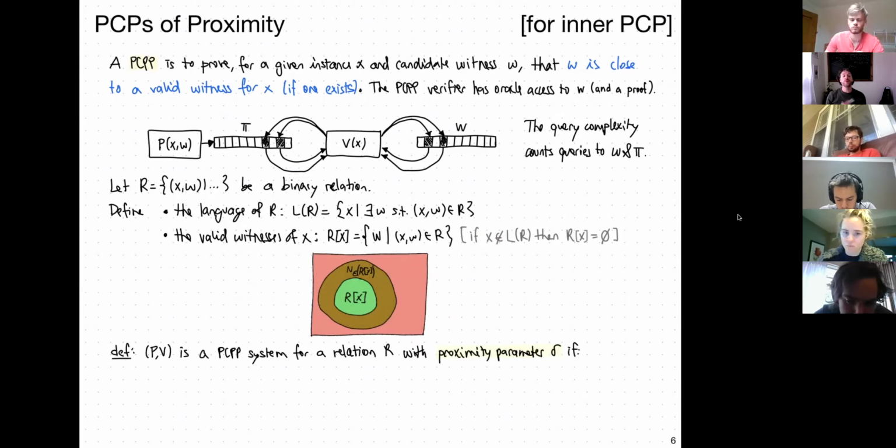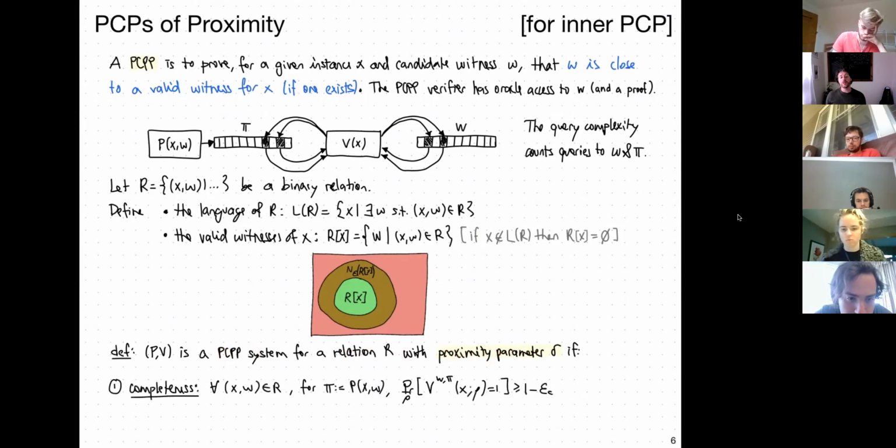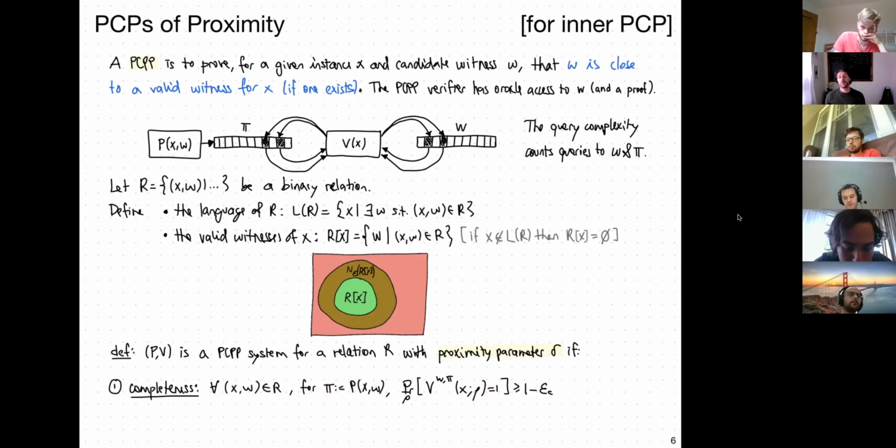And then what would be a PCP of proximity, which we just refer to as PCPP. So it's a system for this relation R with this proximity parameter delta that would satisfy these two conditions. The first condition would be the standard one. It tells you that if you get access to some input X and witness W, so to a formula X and an assignment W, then there would exist a proof that would convince the verifier with probability 1.